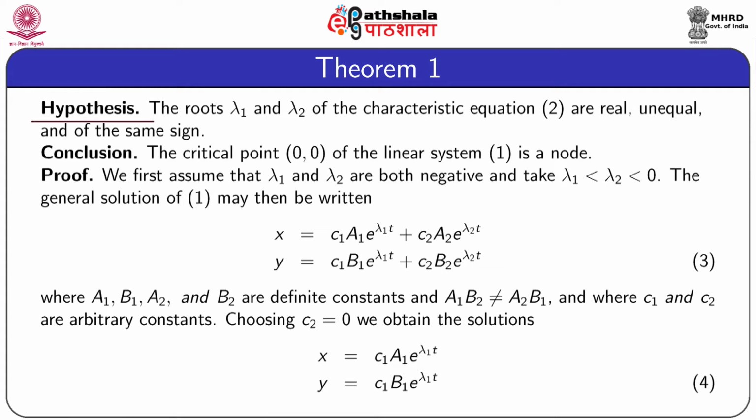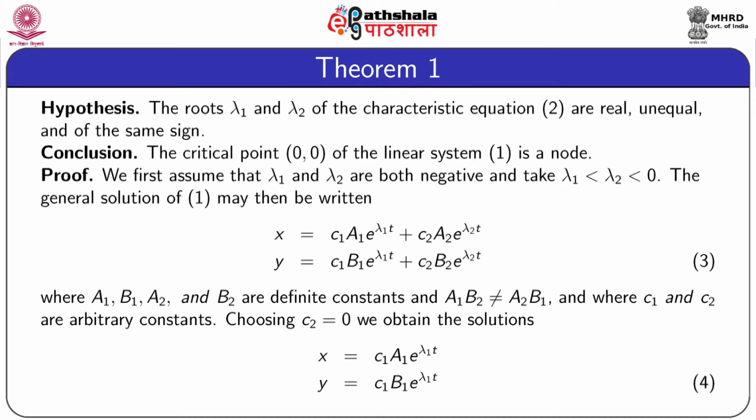So, the hypothesis is that if the roots lambda 1 and lambda 2 of the characteristic equation 2 are real, unequal and of the same sign, then the critical point (0, 0) of the linear system 1 is a node. We assume that lambda 1 and lambda 2 are both negative, and we take lambda 1 less than lambda 2 less than 0.